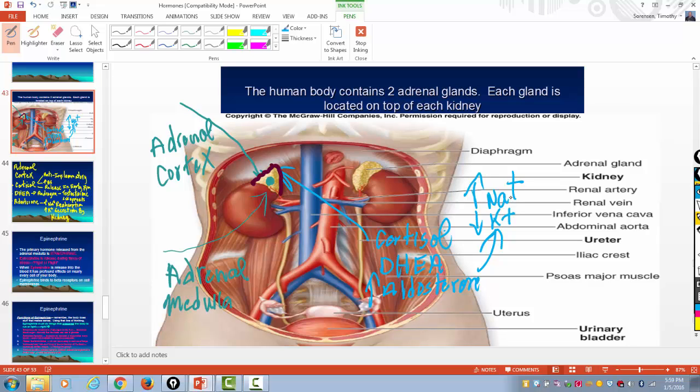Because really the only way to get rid of potassium in the body is to pump it out, and aldosterone stimulates the nephron to get rid of potassium and reabsorb sodium. And whenever you reabsorb sodium, you increase the water in your blood, and anytime you increase your blood volume, you'll increase your blood pressure. So you have to monitor their blood pressure.